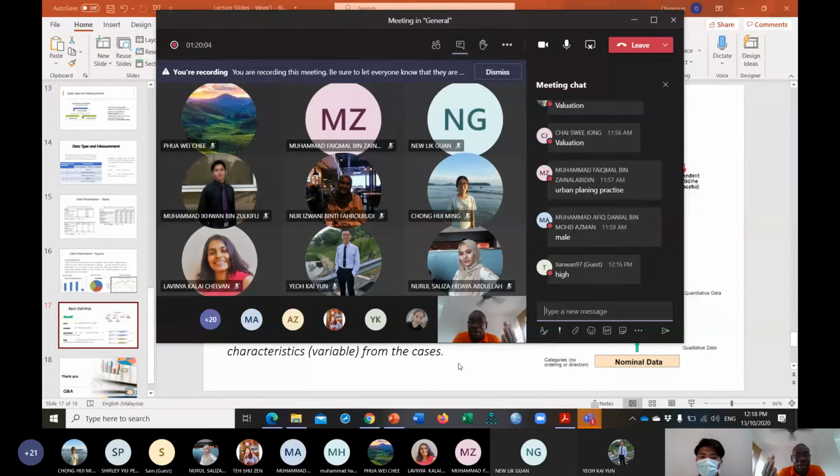That's a characteristic. And I can say Mrs. B is tall. That means Mrs. B is taller than 4 feet. So these are characteristics: the height, the color, the race.